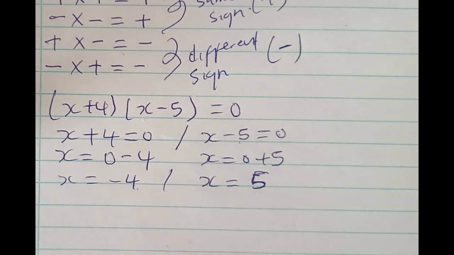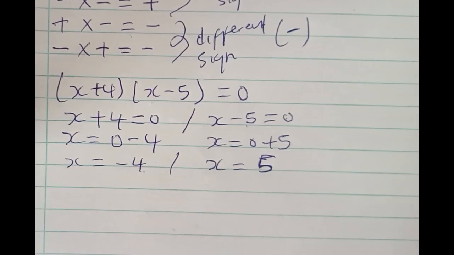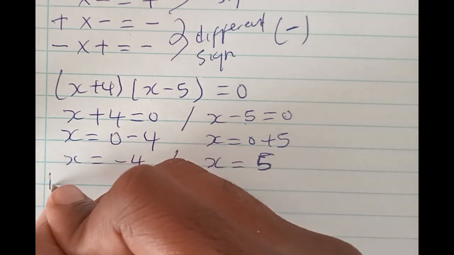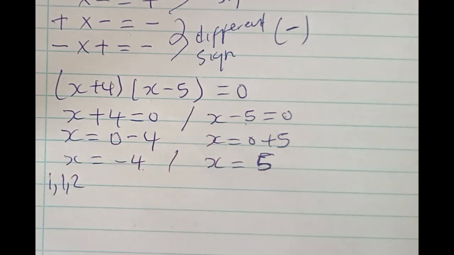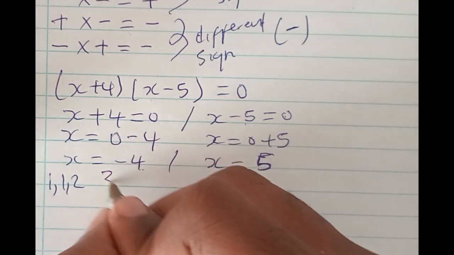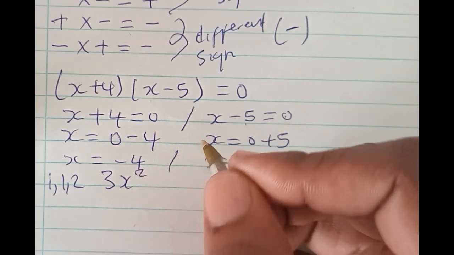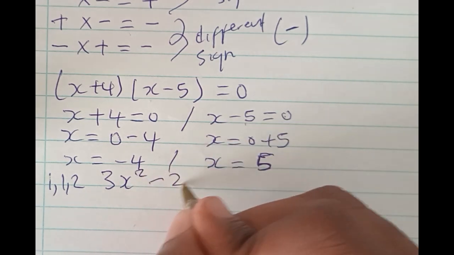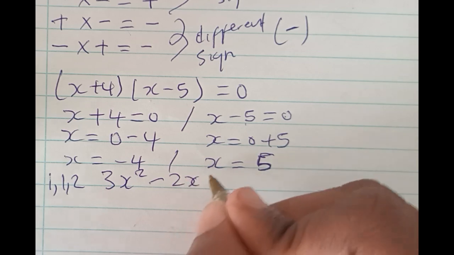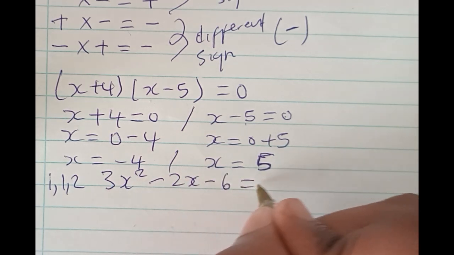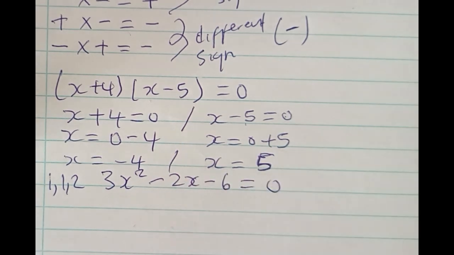So 1.1.2. It says 3x squared minus 2x minus 6 is equal to 0.